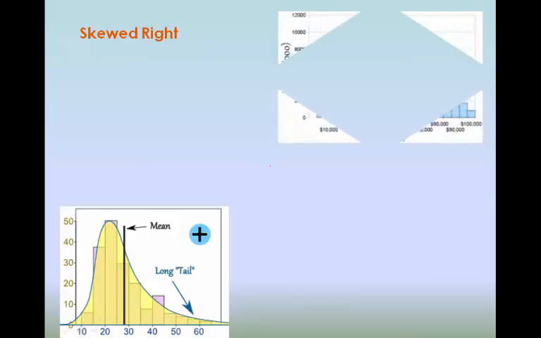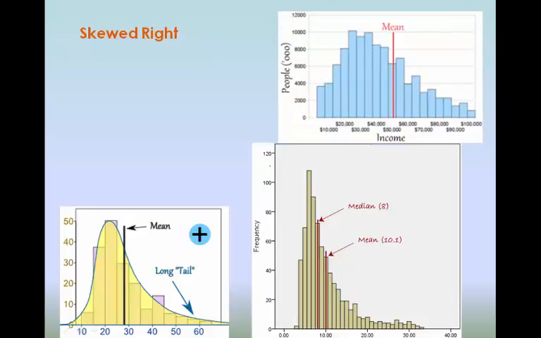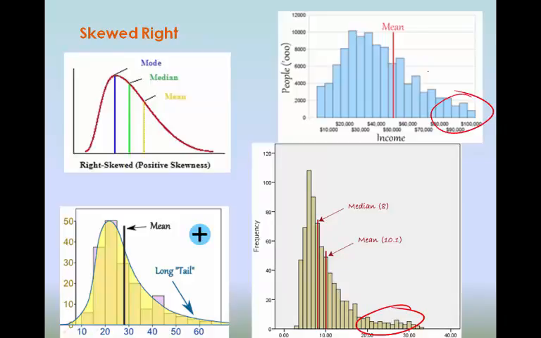Here's some more examples of data that's skewed right. You notice the tail is on the right side, the skinny part is on the right side. And we'll talk about this later, but if data is perfectly distributed, the mean will be in the middle.